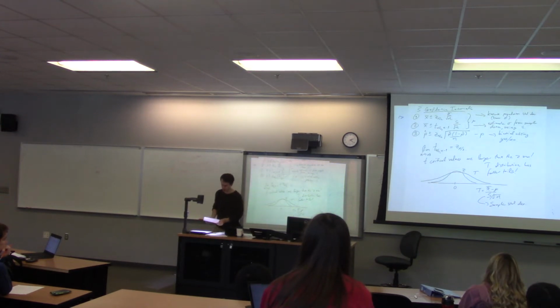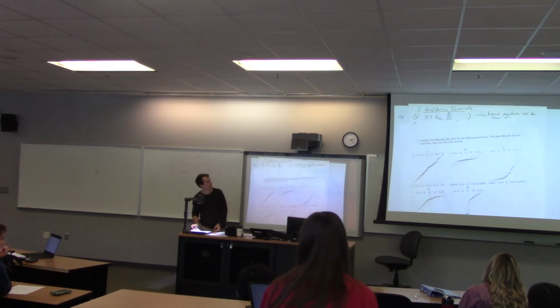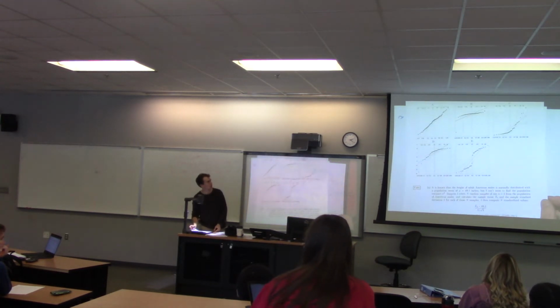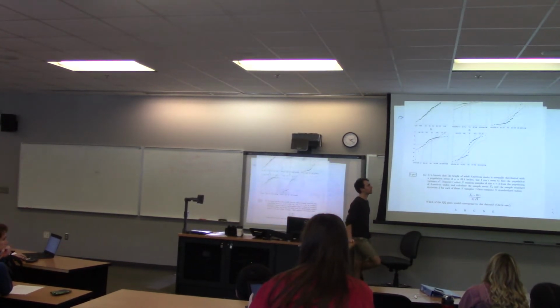Okay. So, this was a good question about the t distribution and its relationship to QQ plots. Okay. Really hard question. It is known that the height of adult American males is normally distributed with a population mean mu of 69.1 inches. But I don't know what the population variance is.